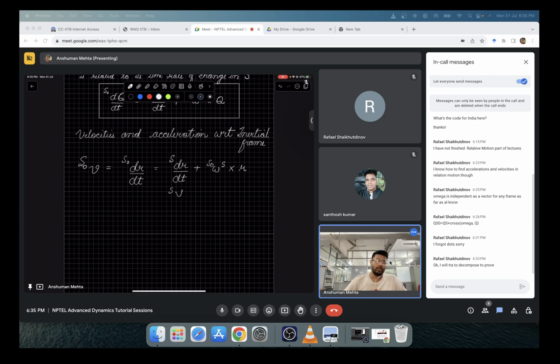So if in any moving frame we know the velocity in that moving frame, then we can find the velocity in the stationary frame.